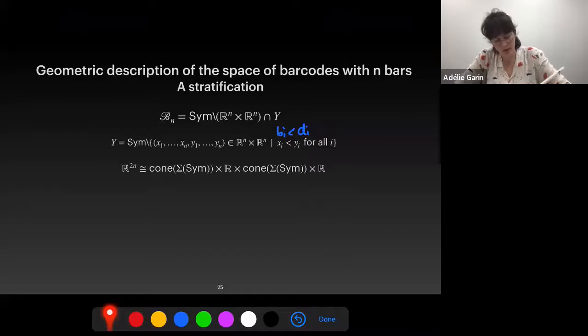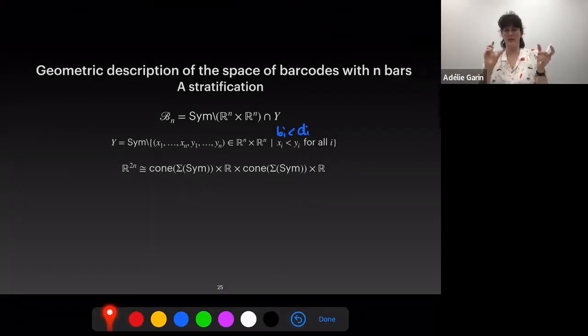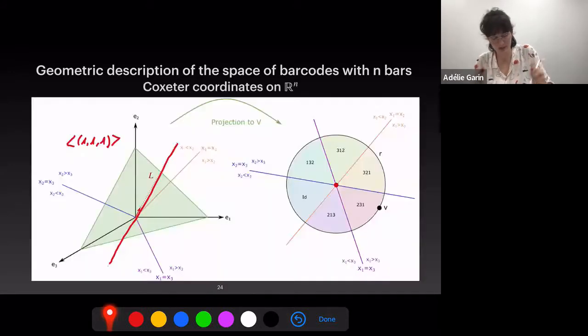Now, I just showed you how we can decompose R3 with these new coordinates. So maybe let me go back to this.